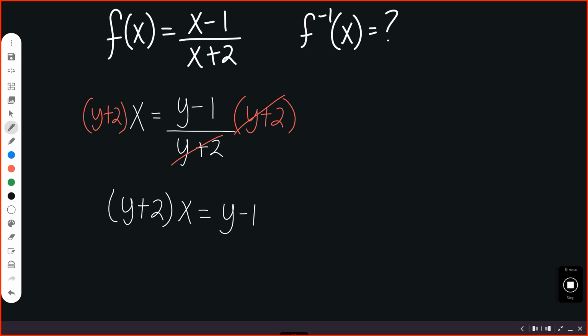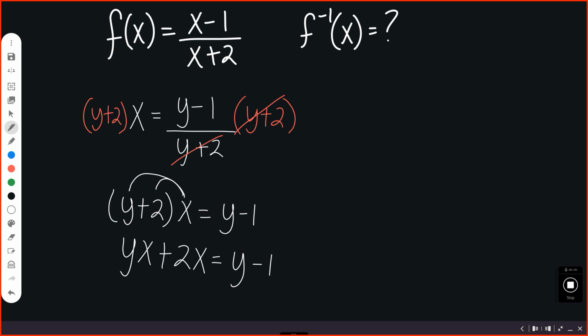That's when it becomes a little difficult, because how can I combine if it's inside of parentheses? It's restricted. It's kind of like when it's inside a square root. I can't just pull out a y underneath the square root. I have to get rid of the square root first. So how do I get rid of these parentheses? I do that by distributing. So I get y times x plus 2 times x equals y minus 1.